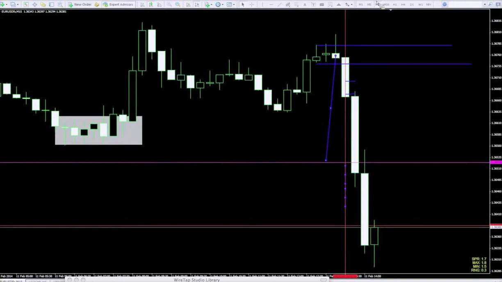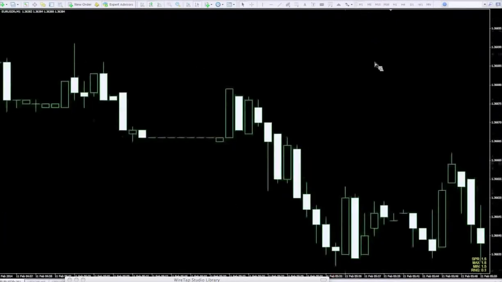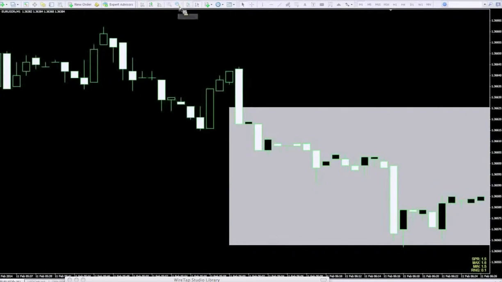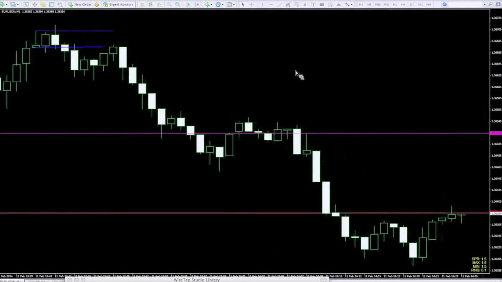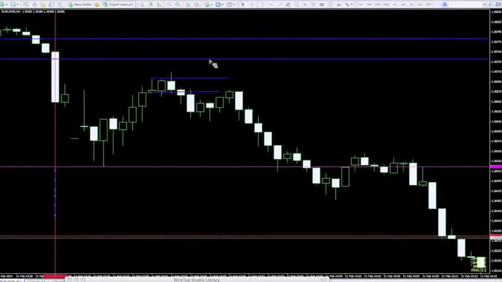Now, on this charting platform, if I go to a lower time frame, these two lines will follow me to the lower time frame. So when I go down to the 1 minute chart, both of those lines will follow me down. You see that?